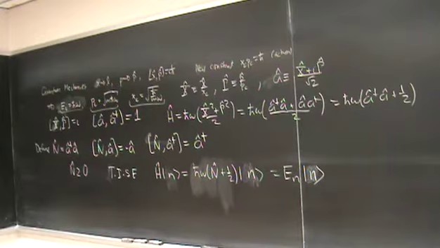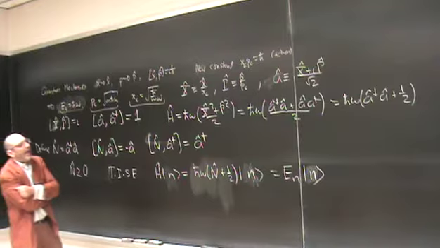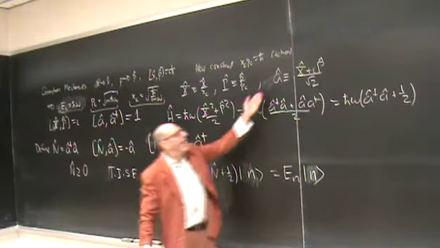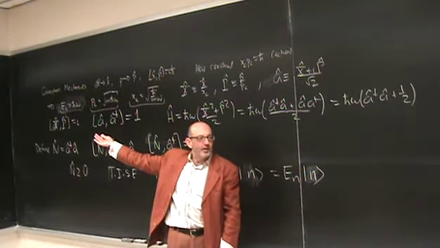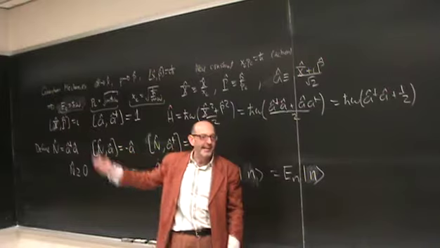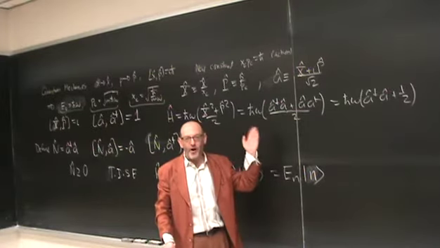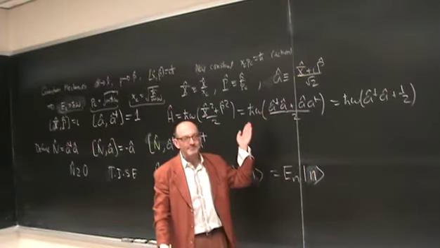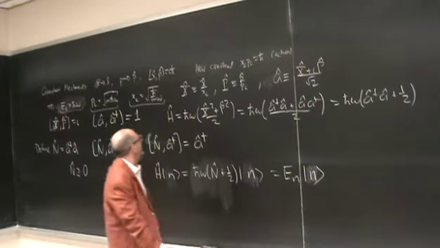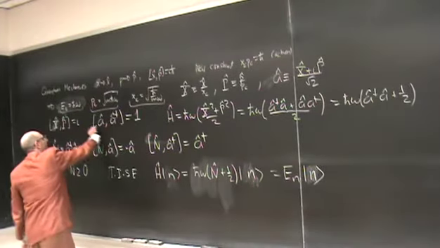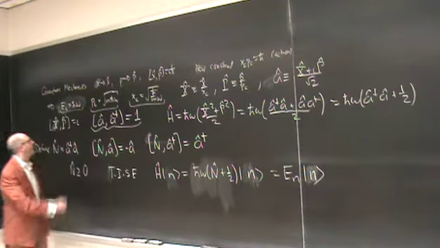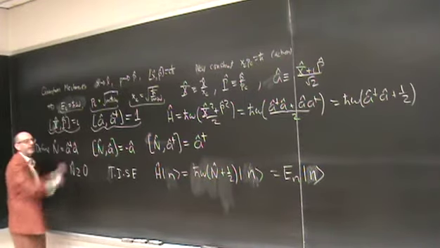What is different, of course, in quantum mechanics is that whereas alpha and alpha star were numbers, now A and A dagger are operators and they don't commute. Okay? And their commutator is the canonical commutator. It's another way of writing this commutator.